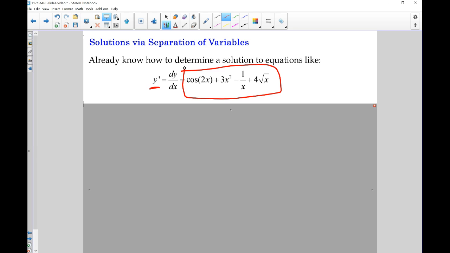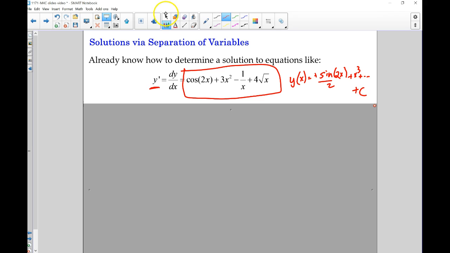So we could find the solution just by taking the antiderivative of every single term. So y of x would equal positive sine of 2x over 2 plus x cubed, and so on. You would just find the antiderivative of each term, and then remember your constant, and that would be your solution.